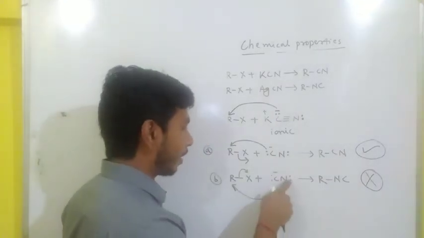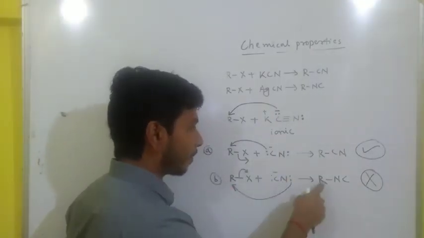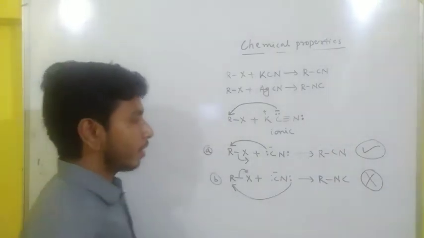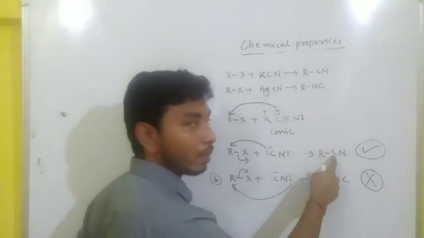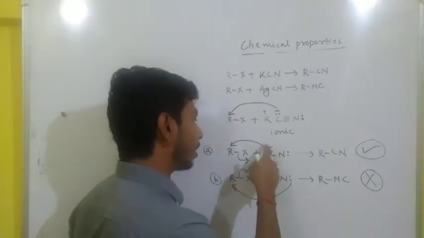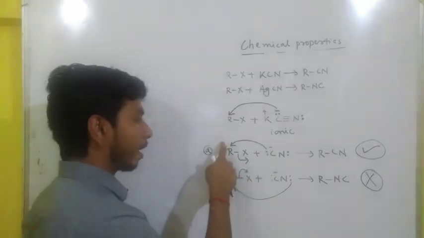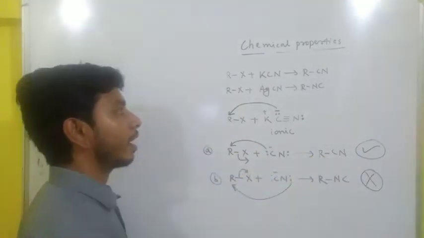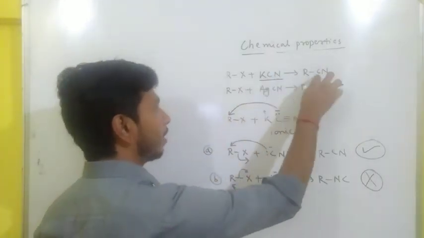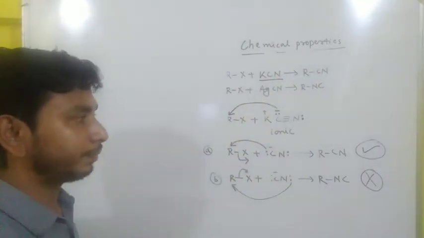And if attack occurs with the nitrogen atom, then a carbon-nitrogen bond is forming. The carbon-nitrogen bond is weaker than the carbon-carbon bond. So actually the attack will take place with the carbon atom. So if we use KCN, we will get the cyanide.